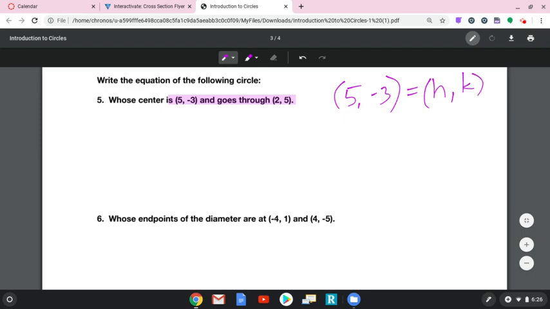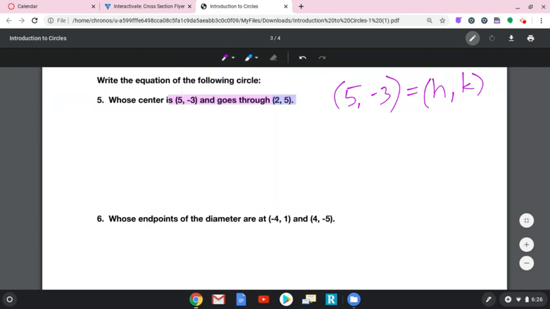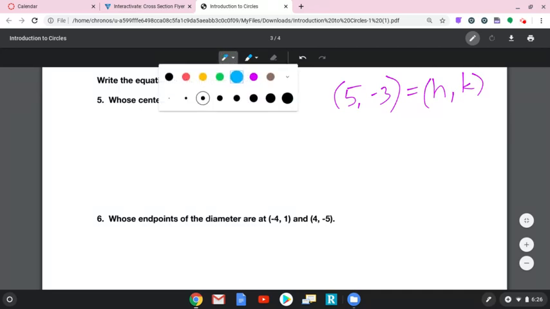And in order to actually have the equation of the circle, the constant values are your center and your radius. That point on the circle varies, so that is what x and y are represented by. So I need to use this 2, 5 to help me find my radius.